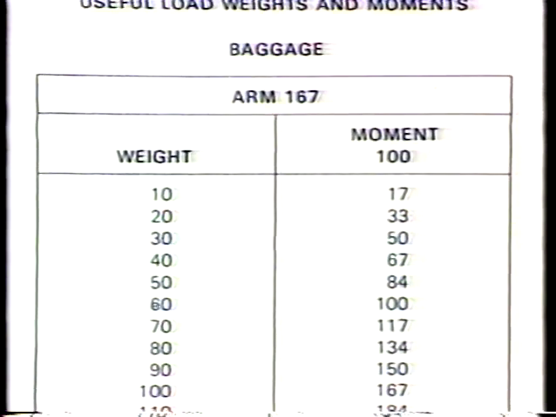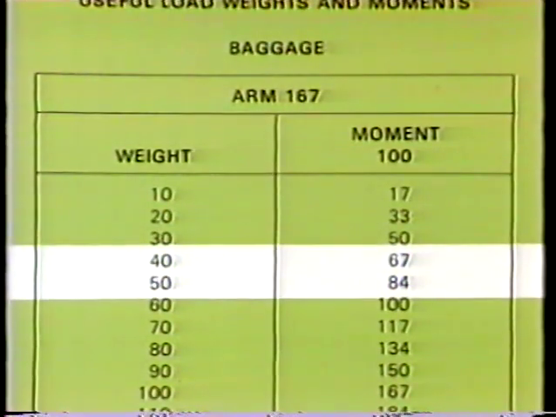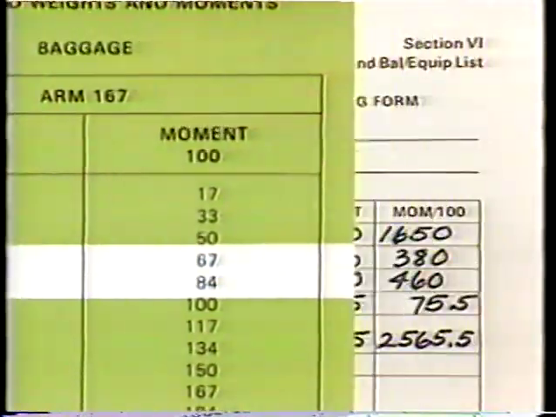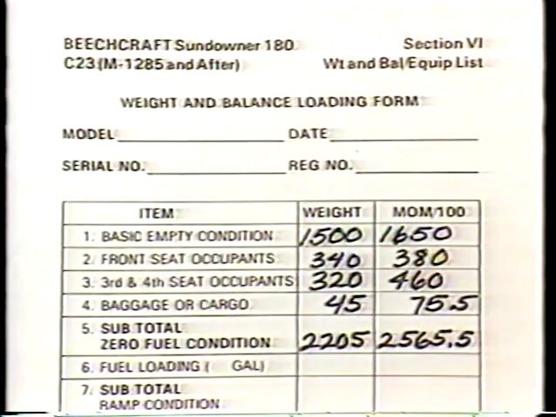In this problem, it's 45 pounds, which is halfway between 40 pounds and 50 pounds. The moment is halfway between 67 or 75.5. The zero fuel subtotals read 2,205 pounds and 2,565.5 moment.